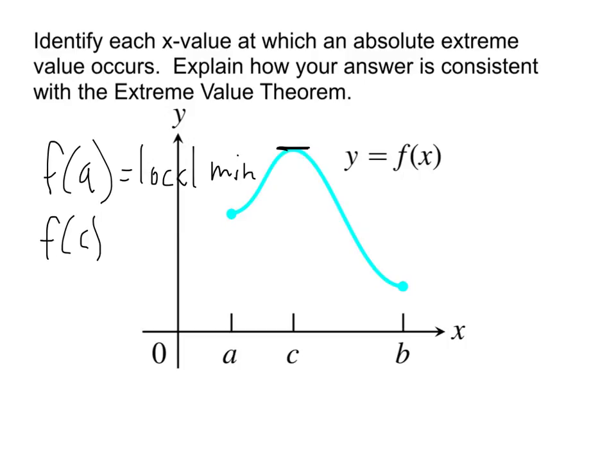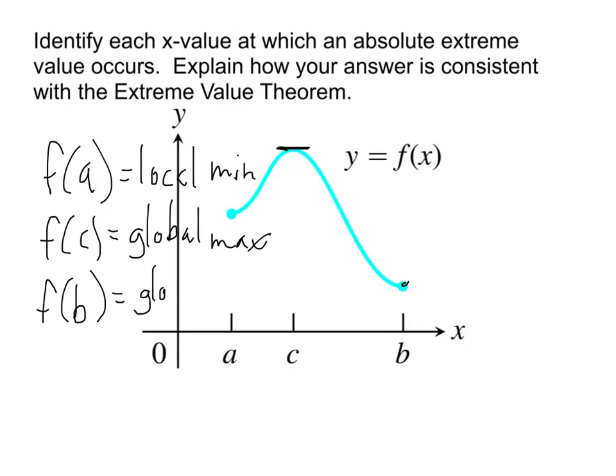Also, on the domain from A to B, there's no other value that is higher than it, so it's not just a local max, it is actually the global maximum for this function. And finally f of B, that point down there, there's no other point lower than it, so it is the global minimum. So that's how we would label this graph.